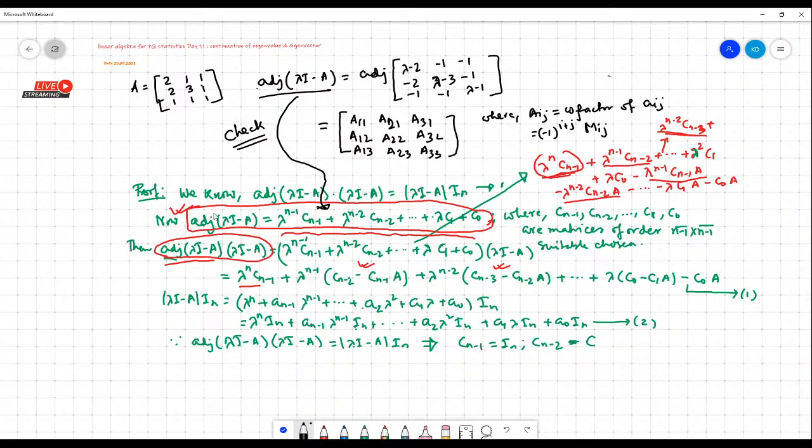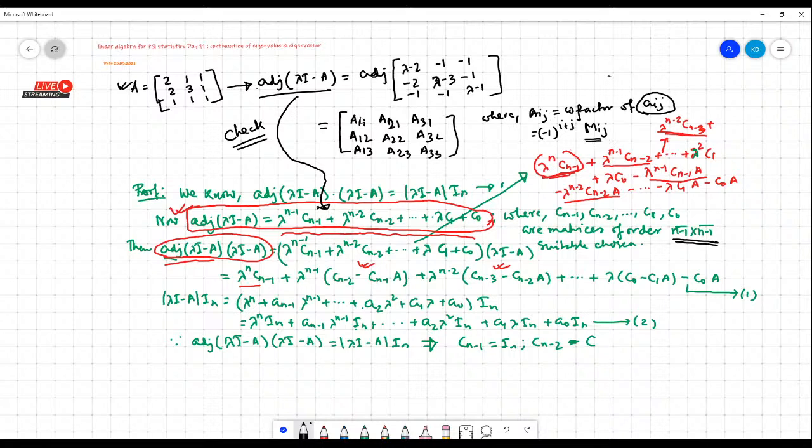You can always write the adjoint of lambda I minus A as a sum of n matrices of order n minus 1. Just take an example. Suppose your A is like that: 2 1 2, 3 1 1, 1 1 1. Then the adjoint of lambda I minus A, you can write as the matrix of cofactors A11, A21, where Aij is the cofactor of the ijth element, and you know the formula of a cofactor: minus 1 whole to the power i plus j times Mij, the minor of the ijth element.